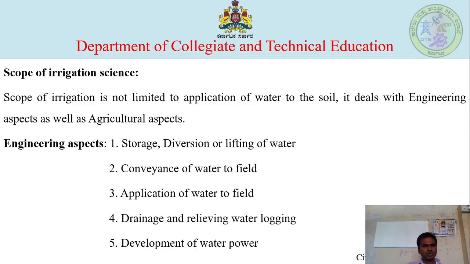Next, the scope of irrigation, or scope of irrigation science. The scope of irrigation is not limited to application of water to the soil. It deals with the engineering aspects as well as agricultural aspects. Here the engineering aspects are listed as follows. First aspect is the storage, diversion or lifting of water.